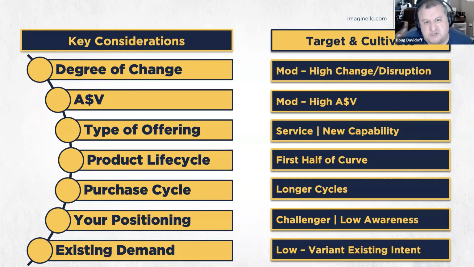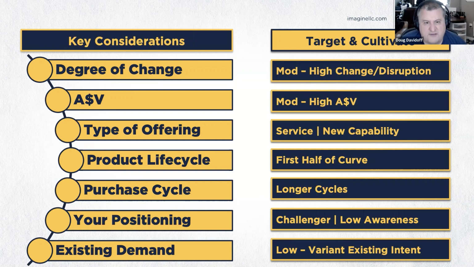This is where service offerings make sense. It is hard to do programmatic sales development on a service offering because there's a breadth and a customized discovery that has to take place. So as you move towards service, as you move towards value added, as you move towards we are providing you new capabilities, we're going to enable you to do things that you can't do right now, the programmatic model works less effectively, and you need to start playing into the target and cultivate or the ABM playbook.